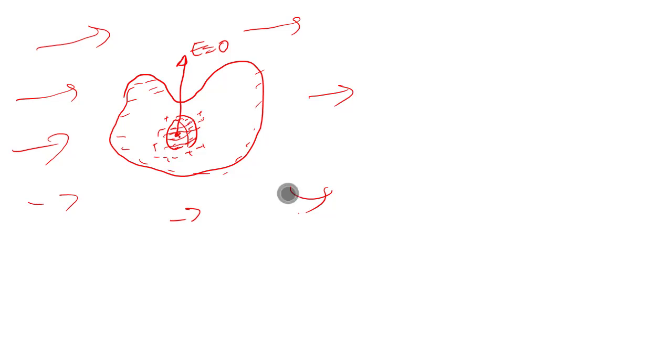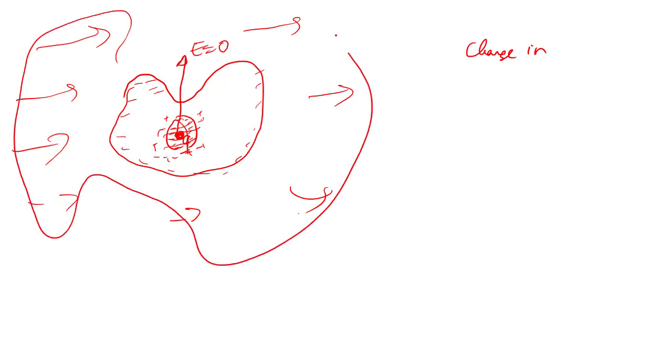So if I place a charge in the cavity, then that charge is shielded from this external electric field, because the charges on the metal redistribute on the surface to shield whatever is inside this cavity from the external electric field.